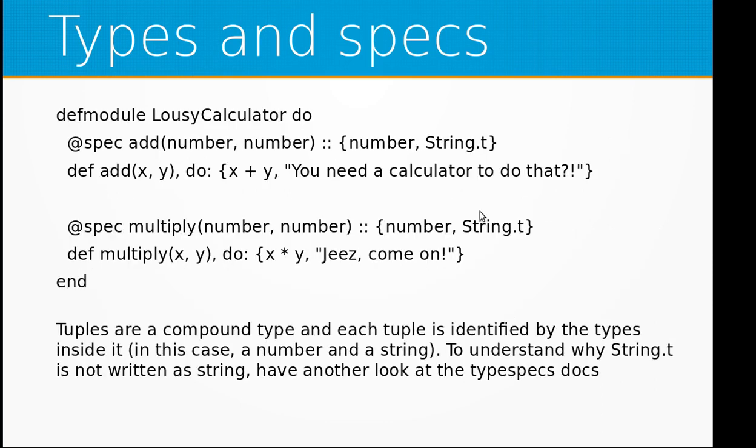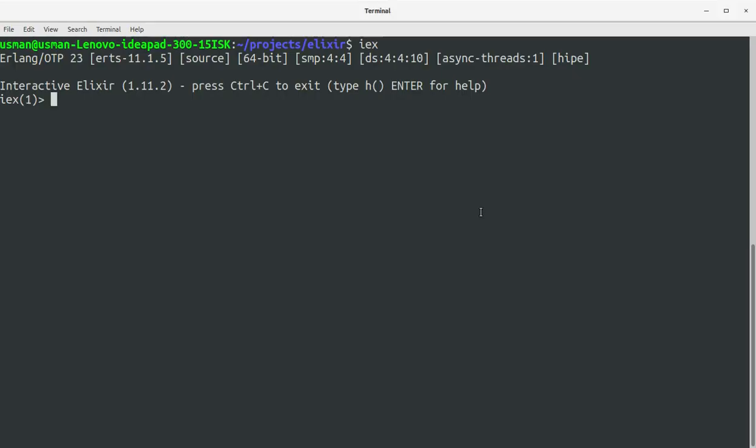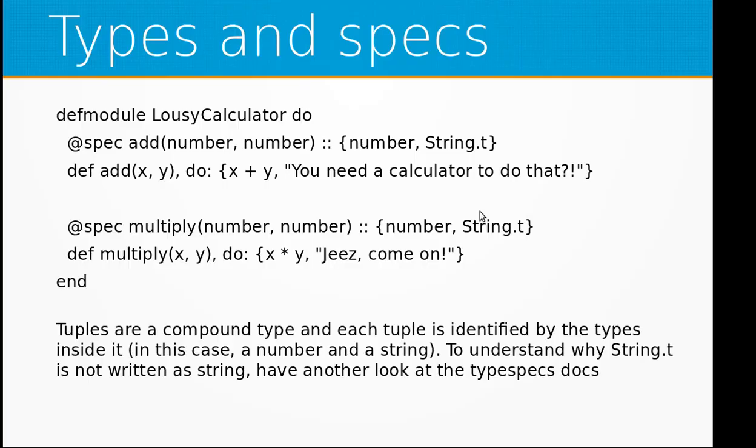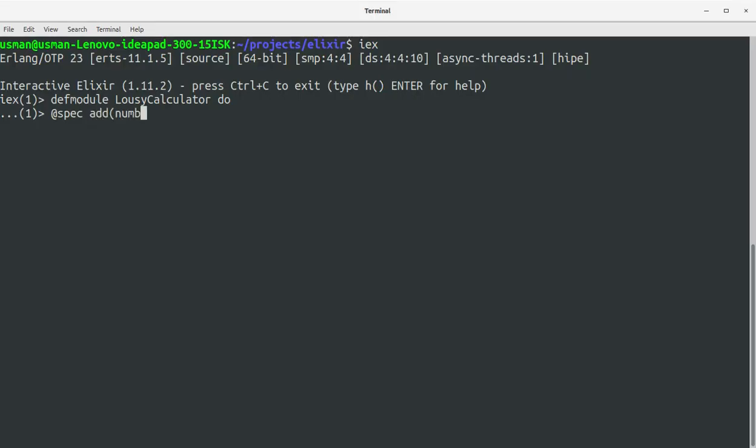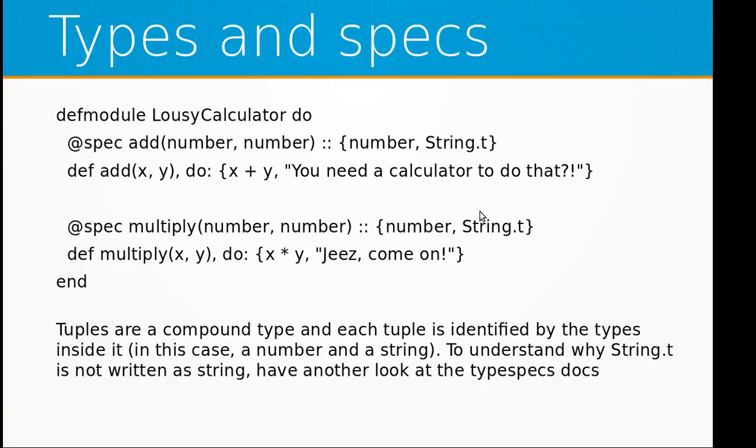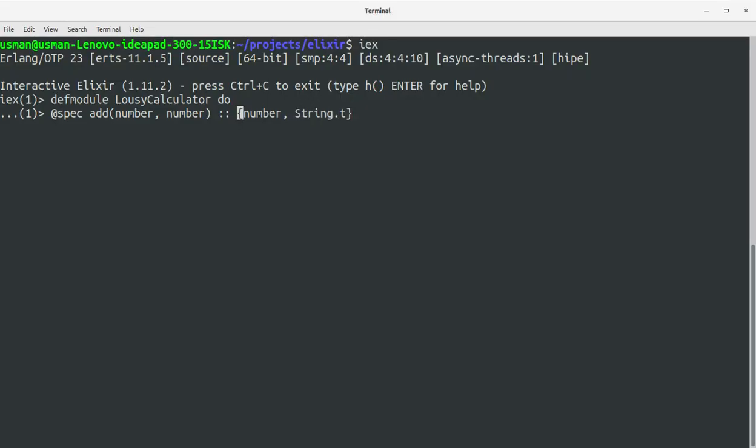Okay, let's define a module called LousyCalculator. defmodule LousyCalculator do, @spec add(number, number) :: {number, String.t}.